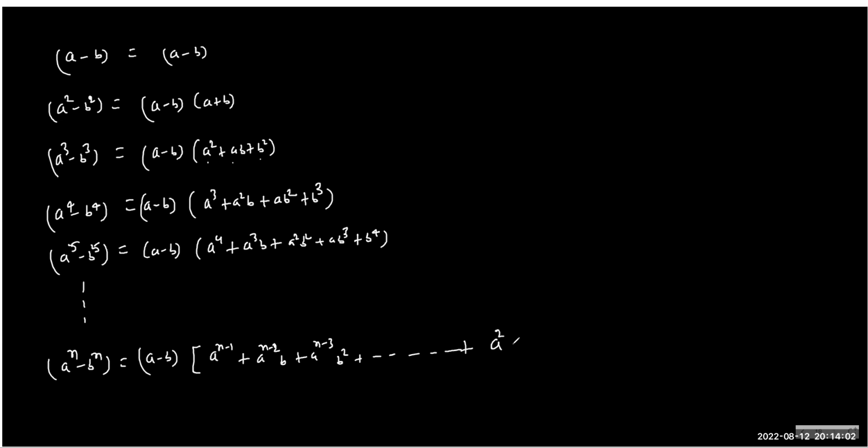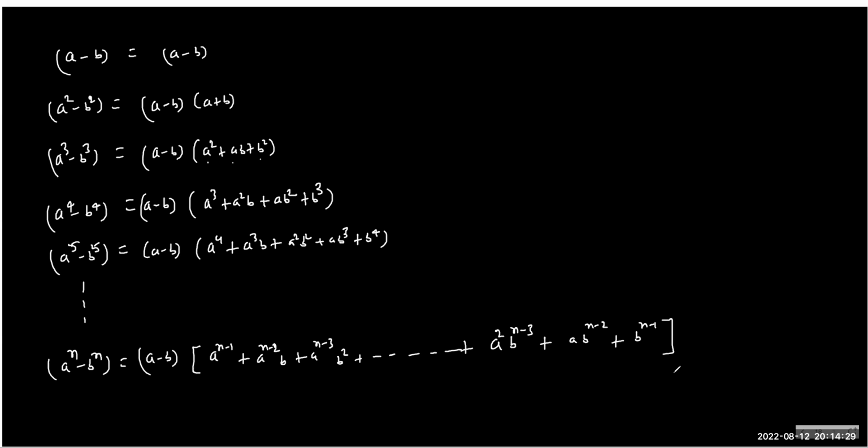The net power should be n minus 1. So this will be B power n minus how much? 3. And then the last will be A B power n minus 2, and then B power n minus 1. Over.